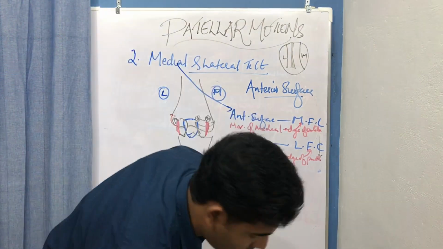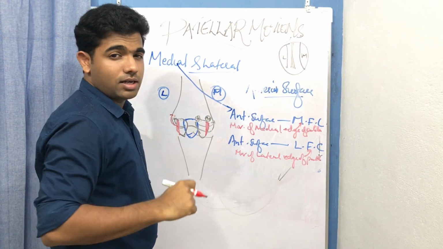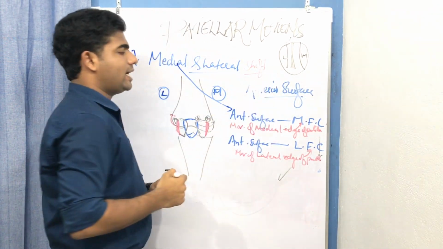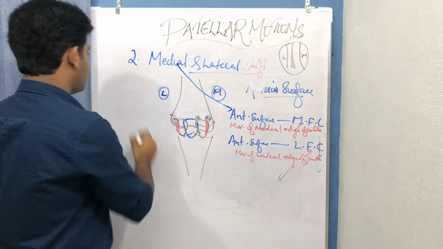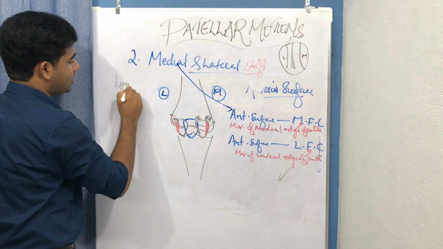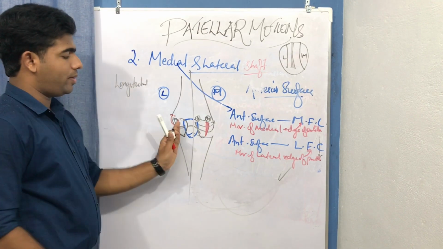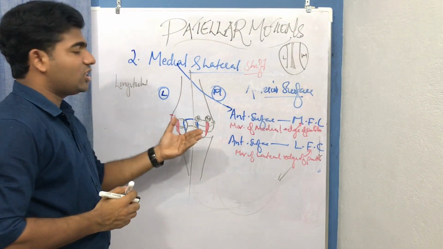Now the next one that we have is the medial and lateral shift of the patella. Actually, medial and lateral tilt is occurring in which axis? It is occurring in the longitudinal axis. Now, the medial and lateral shift.